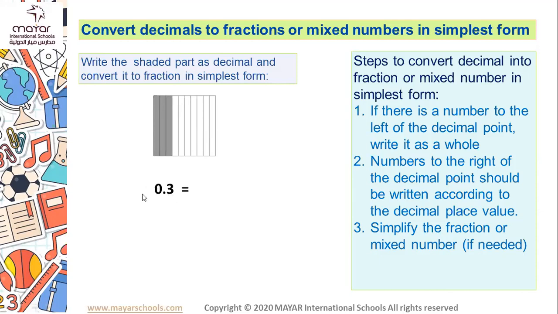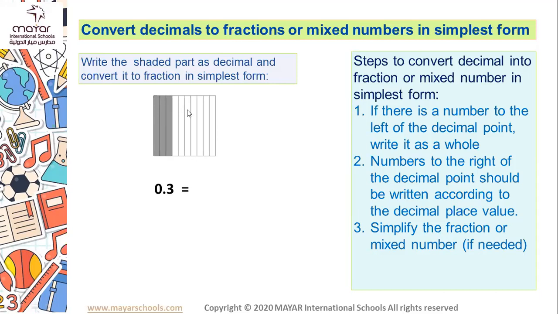How do we read it? Do you remember? 3 tenths. Yes, why tenths? Because the grid has how many parts? 10. Tenths. Excellent.